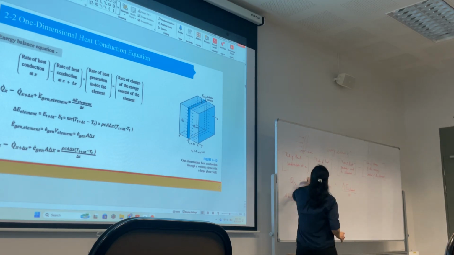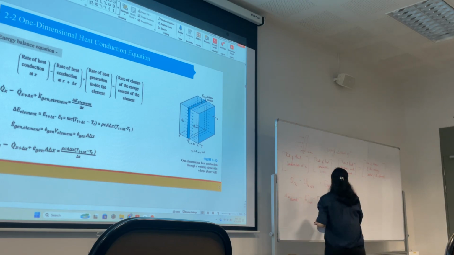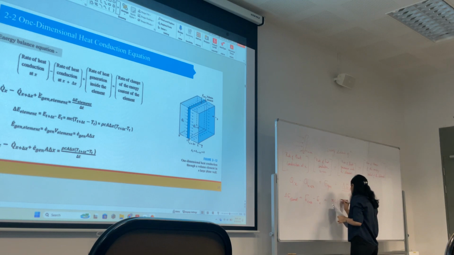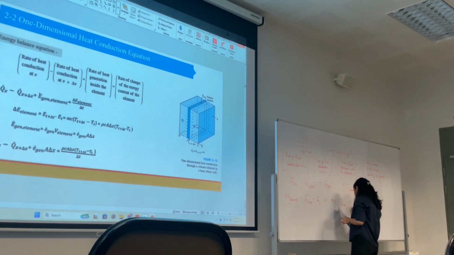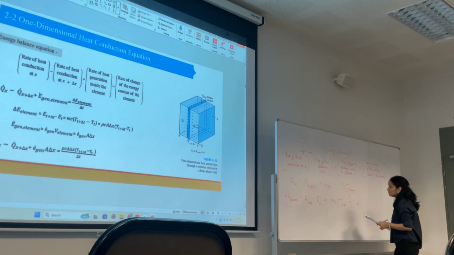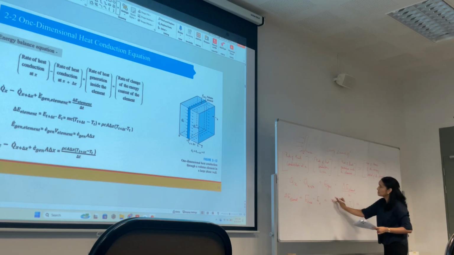Rate of change of the energy inside here, right? That is going to be equal to mass, specific heat, temperature. Mass of this rectangle.